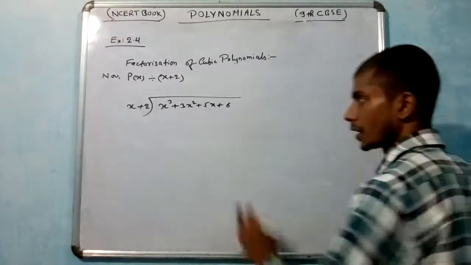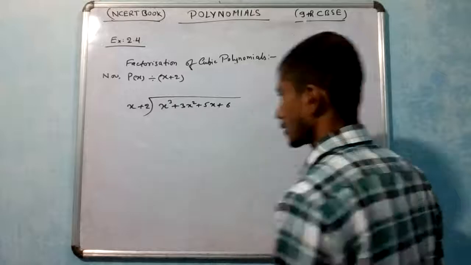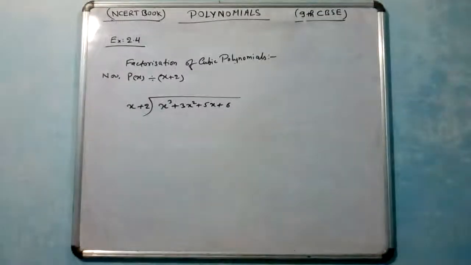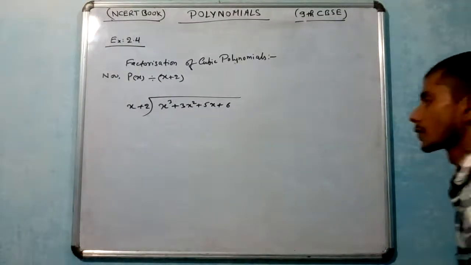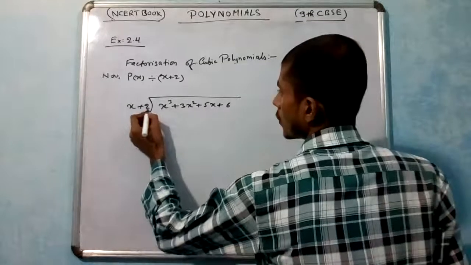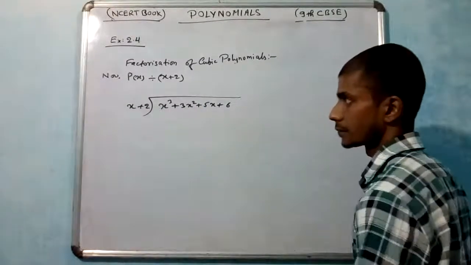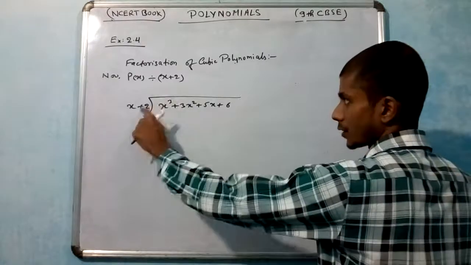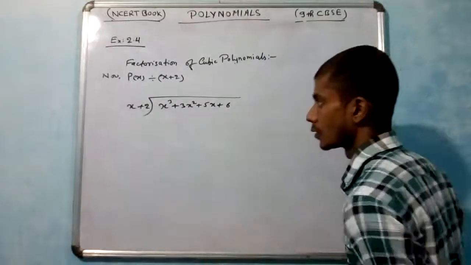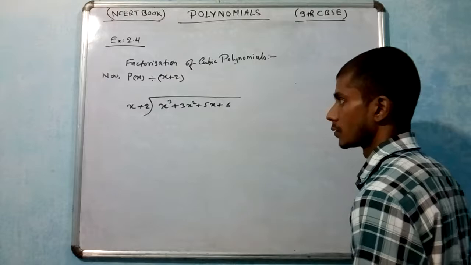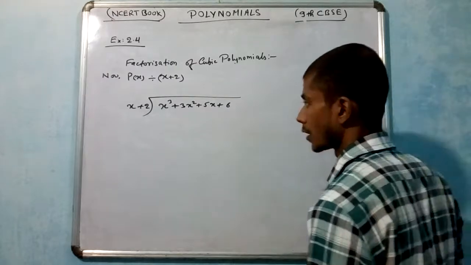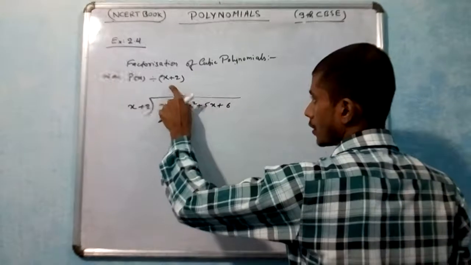Okay. What remainder will we get? Can you guess? When we divide, what remainder will we get in the last? x plus 2 is a factor, no? The remainder we will get is 0.